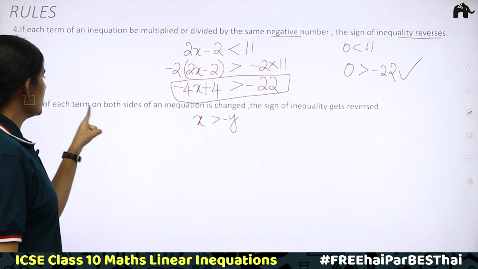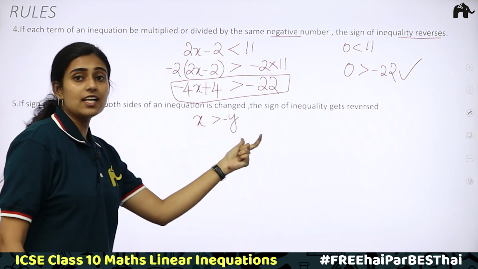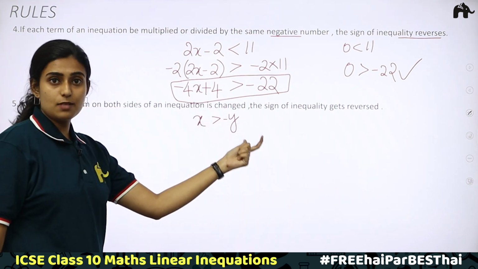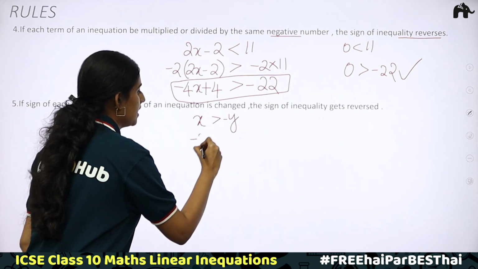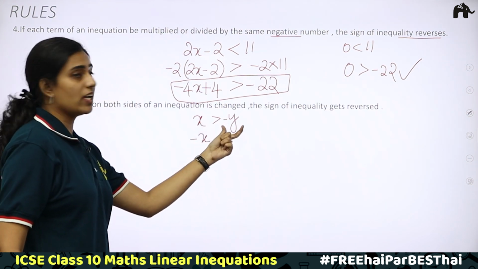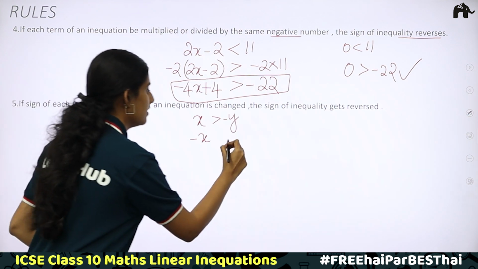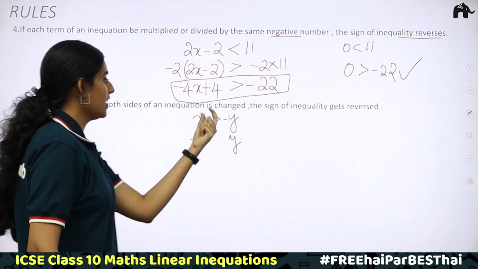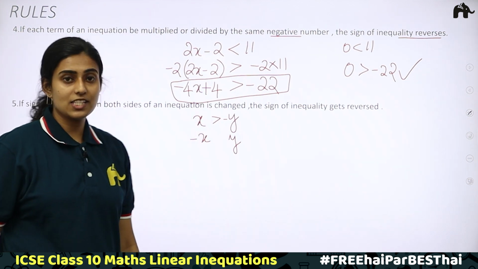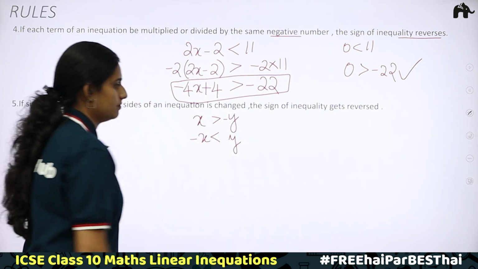In the given rule it is said that I need to change the sign of terms on both sides. x becomes minus x and minus y becomes y. The sign of inequality gets reversed. Here greater than changes to less than.